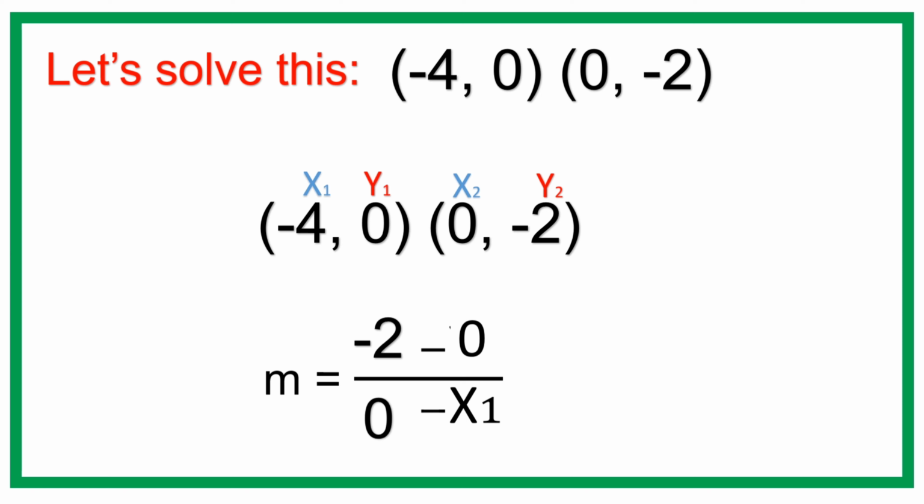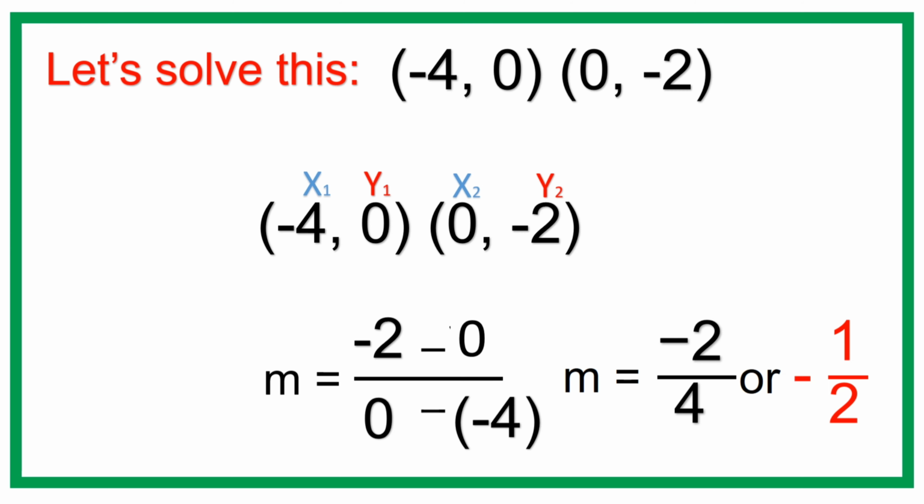And we'll just simply solve this. -2 minus 0, and 0 minus -4, the answer is -2 over 4, or -1/2. Just like that. You got it.